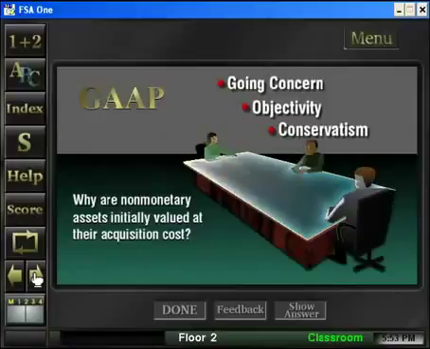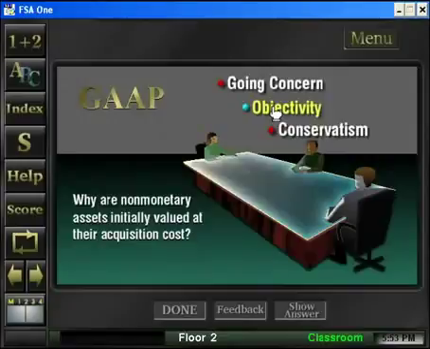You may be wondering why non-monetary assets are valued at their acquisition cost. GAAP justifies this with 3 accounting principles. Click on each for a further explanation. Going concern. In the absence of evidence to the contrary, a company is assumed to continue in business indefinitely. Companies filing for bankruptcy or experiencing severe financial difficulties are not going concerns. Objectivity.